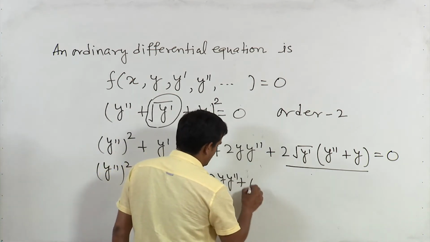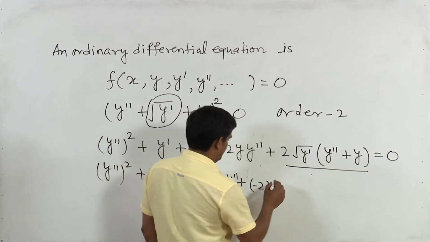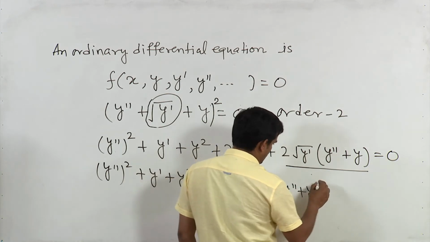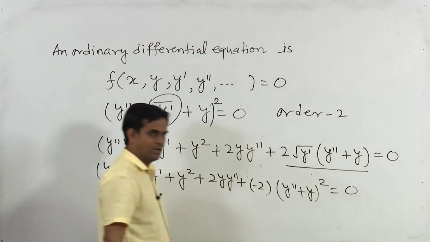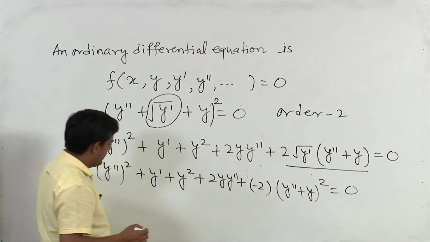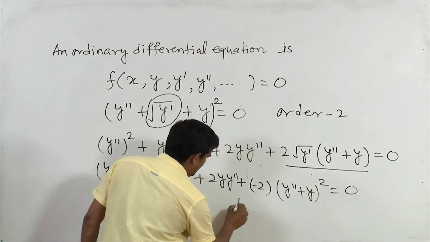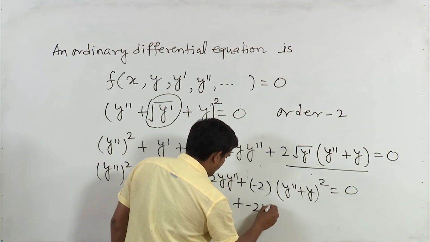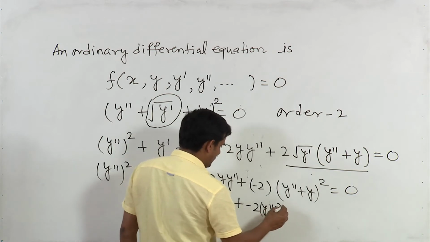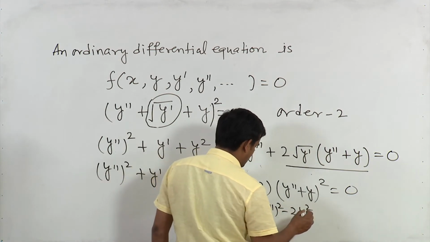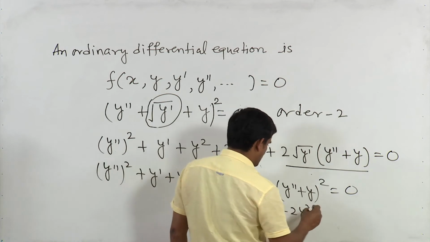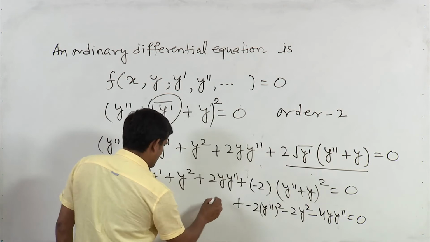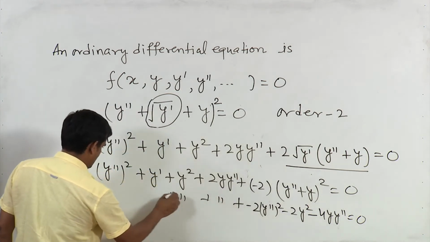So this will become minus 2 y double prime plus y whole square equals 0, or finally, if I simplify it more, here I will have minus 2 y double prime square minus 2 y square and then finally minus 4 y double prime equals 0, and these terms as such.